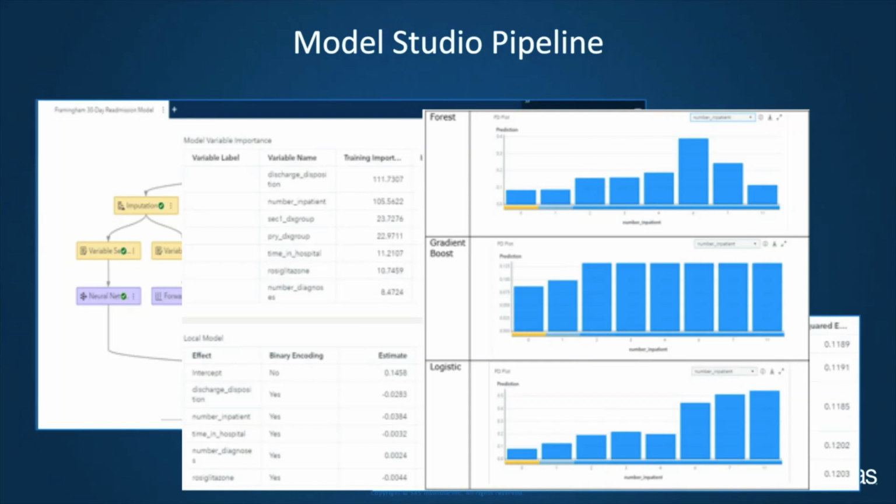And what is noticeable about this is that we see an increase in the risk of readmission as number of inpatient visits increases. What is also discernible is that each of these algorithms present a different picture of the relationship between this model feature, number of inpatient visits, and 30-day readmission risk.